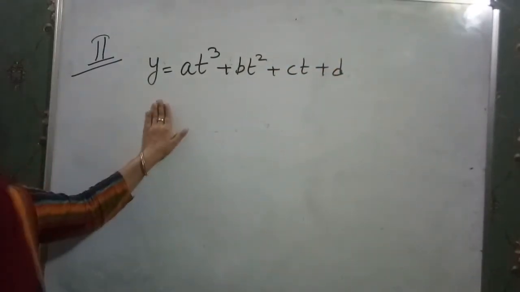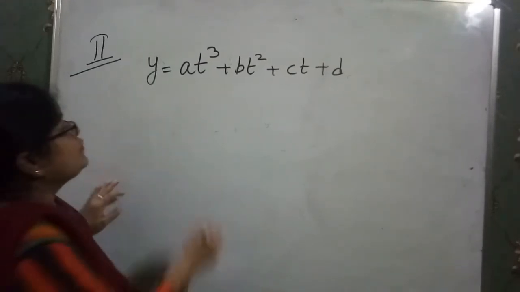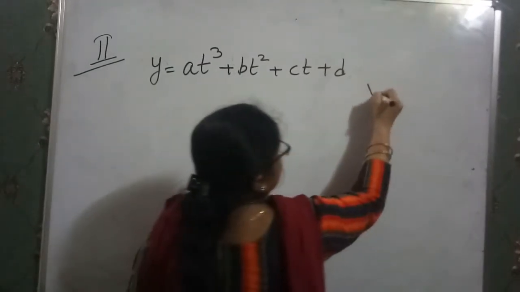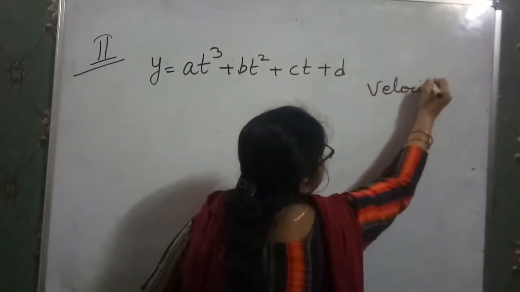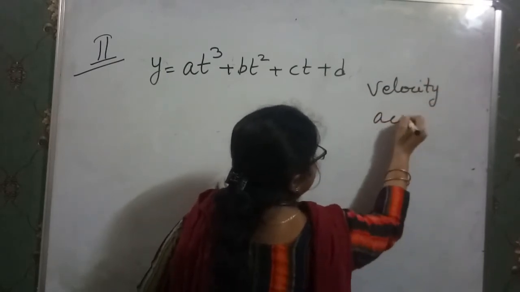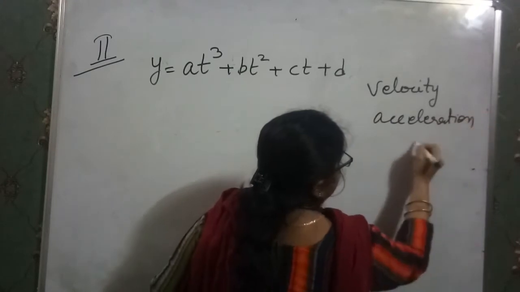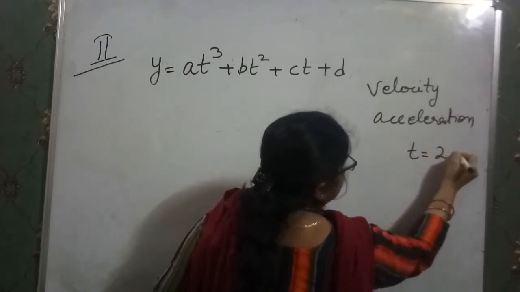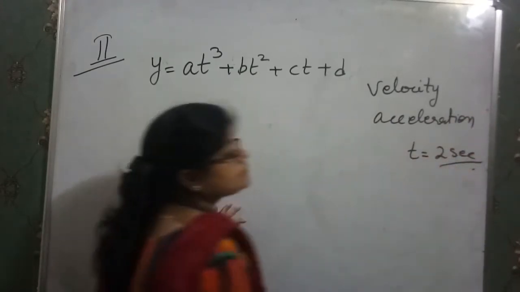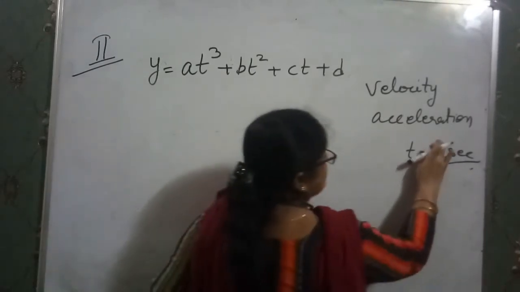This is the displacement. And we have to find the velocity and acceleration of the particle for time t equal to 2 seconds or for 1 second.